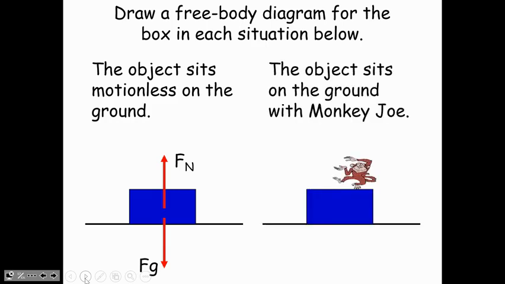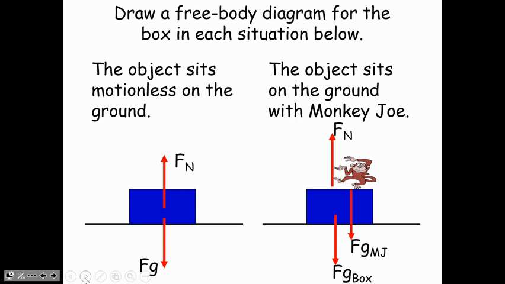Now, how might that free body diagram change if Monkey Joe is sitting on top of the box? Well, the free body diagram will look just the same except for one additional force. It's still touching the surface, the ground, so there's still a normal force pushing upward.